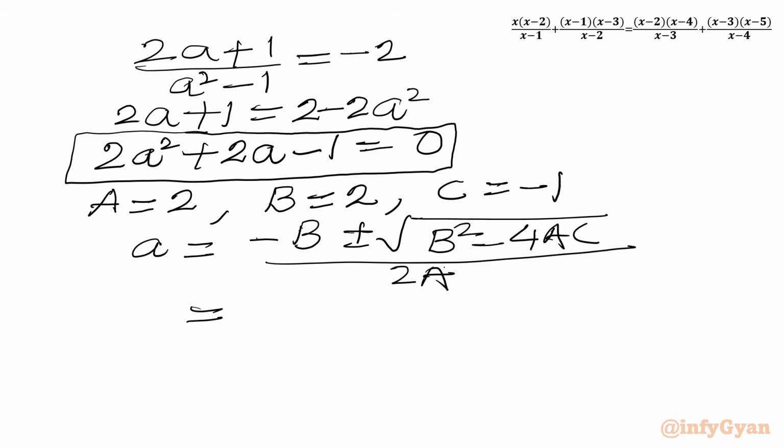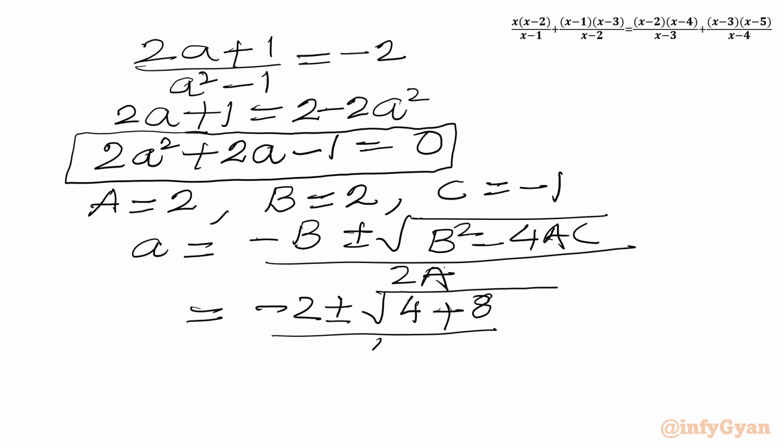We will get minus 2 plus minus square root of 4 minus 4 times 2 times minus 1, plus 8, over 2 times 2, 4, which will be equal to minus 2 plus minus square root 12 over 4.